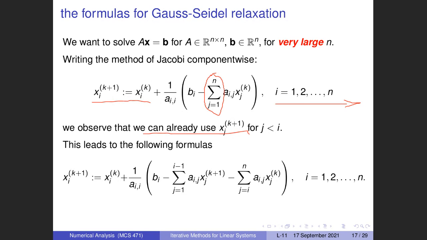Now here we have the big sigma that starts from 1, and the stopping index is i minus 1. In this first sigma, we are already using the improved values to update. So that will lead to a significant improvement in the convergence for certain systems.